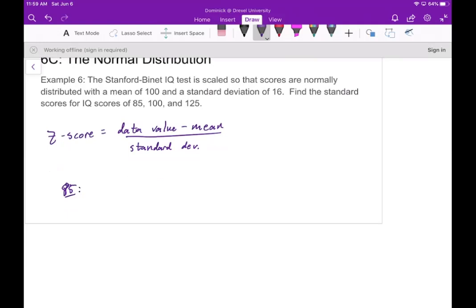So if we calculate this for 85, it's 85 minus the mean, which is 100, divided by the standard deviation, which is 16. So we get -15 over 16, which we usually express as a decimal. So if I do 15 divided by 16, I'm going to get a negative 0.9375.